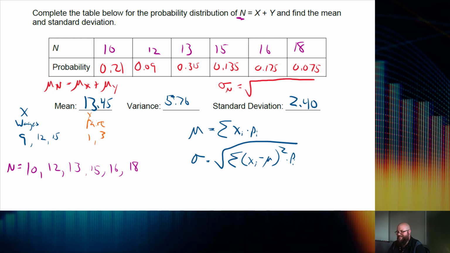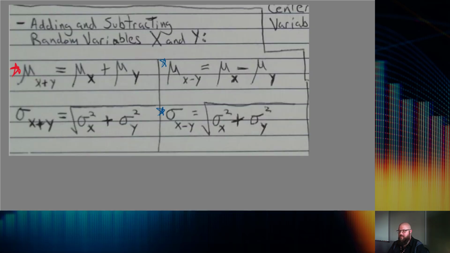Then we find the variance for n by squaring the overall standard deviation. I hope that explains these equations a little more and how they play out, and I'll see you next time.